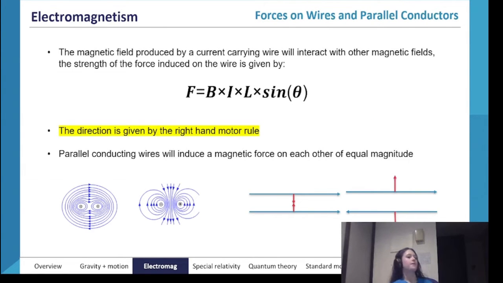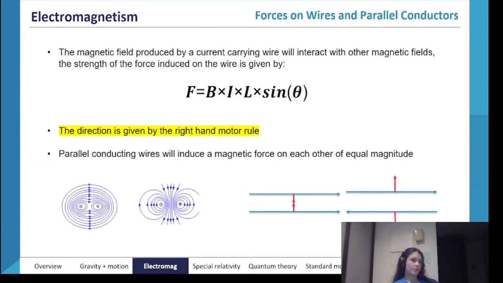Okay, now we are getting onto forces on wires and parallel conductors. So, a current carrying wire is going to generate a magnetic field, of course.